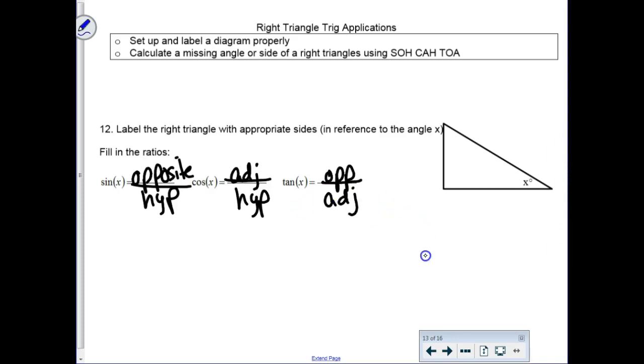So who's opposite and adjacent to you depends on where your angle is located. If we're discussing this triangle and referencing it from this angle over here, that is literally your reference point. So you pretend like you're standing right there. The hypotenuse is always going to be the longest side of a right triangle, which is directly across from the 90-degree angle. So I'm going to come back and color code my formula here.